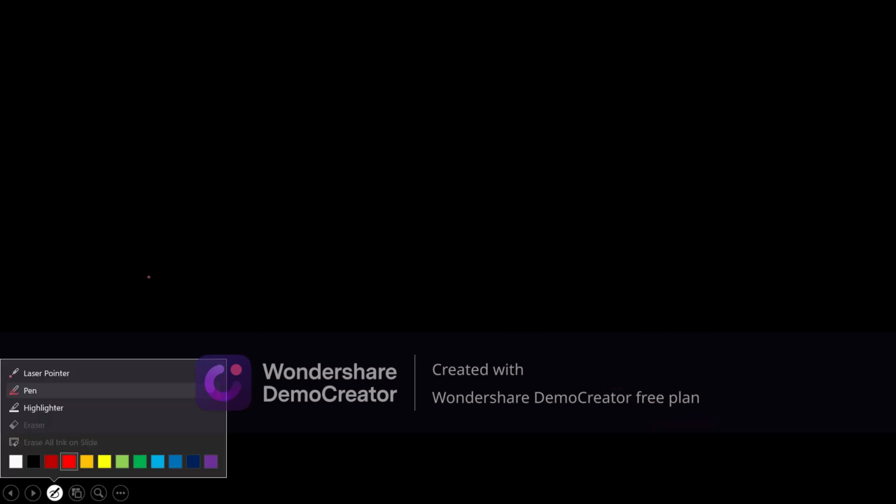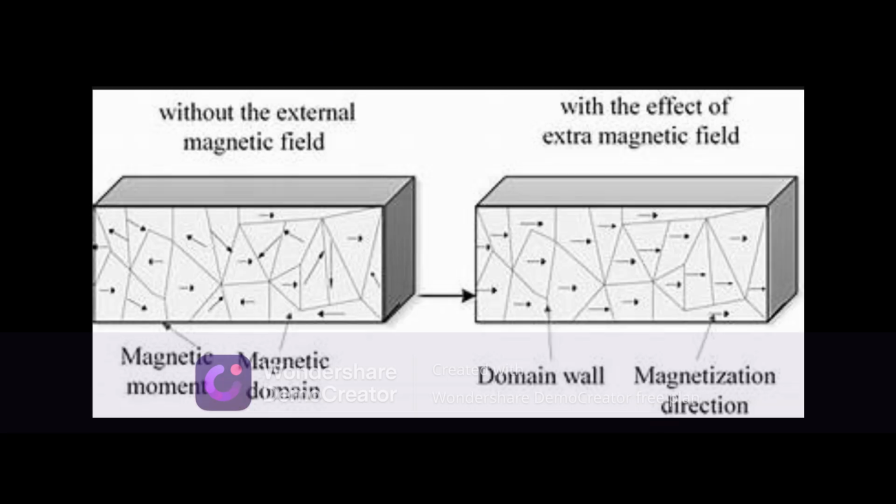For coercivity, for example, I have this diagram. In this diagram, this is the magnetic material in the absence of an external magnetic field. When I apply the external magnetic field around it, you can see these domains arrange themselves in a particular direction.